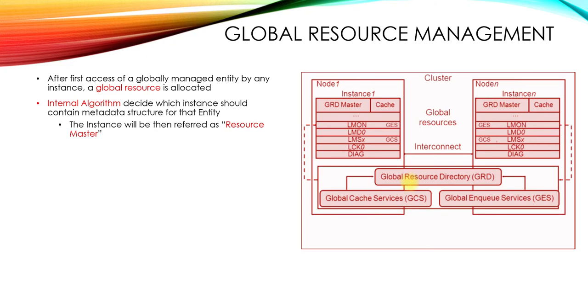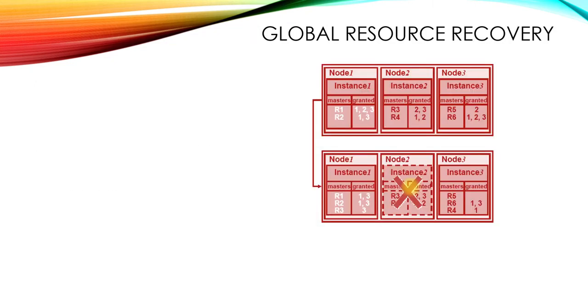But what will happen in case a specific node fails? As soon as a specific node fails, mastering and remastering will go on. So what happened here is, for row number 3 and row number 4, instance 2 was master.